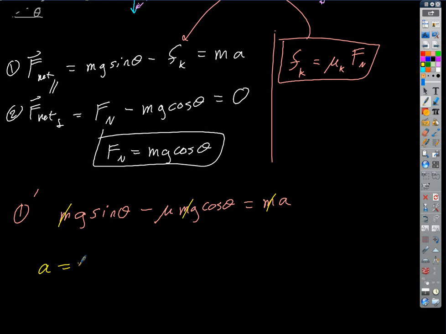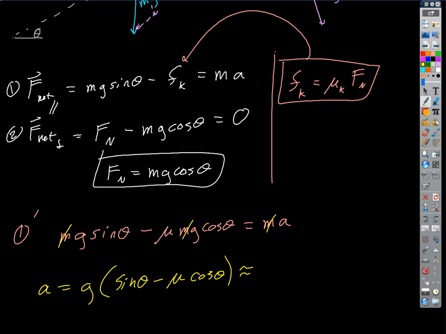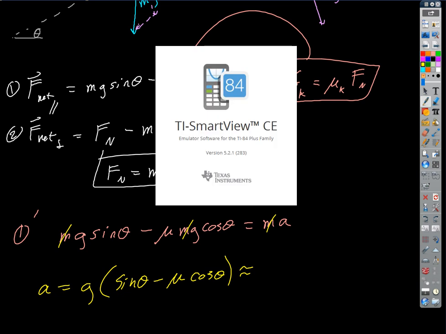Don't have to, but I could. And then I'm left with just sine theta minus mu cosine theta. Let's just plug in values. So what's that give us? You guys remember those values, I bet. 30, was it 30.8? Is that right? 30.4.